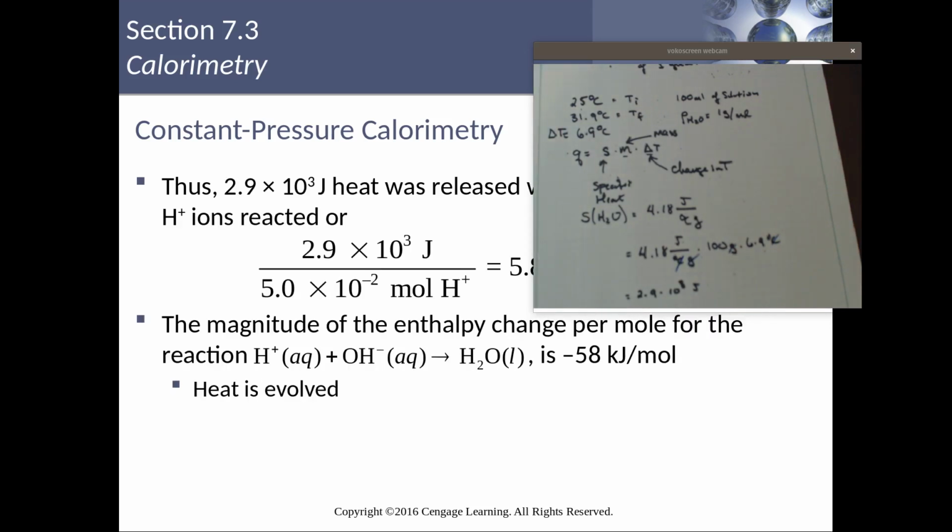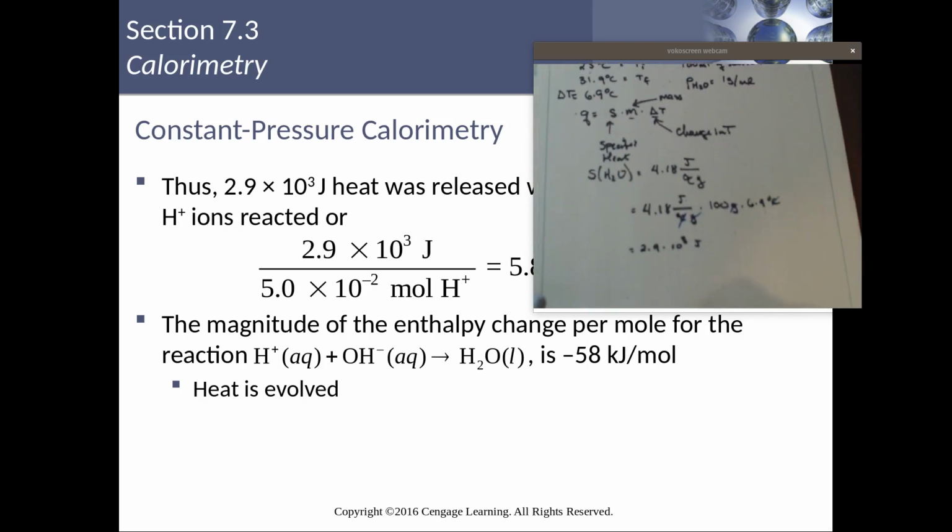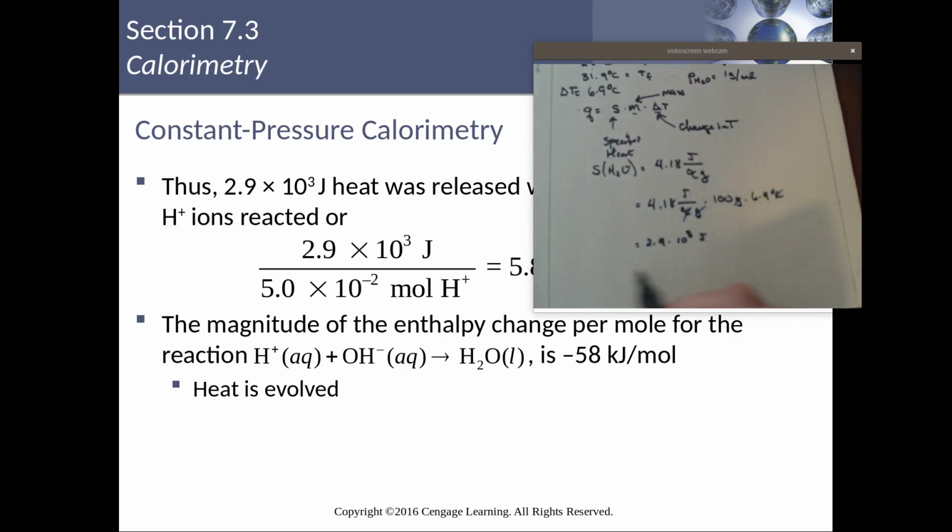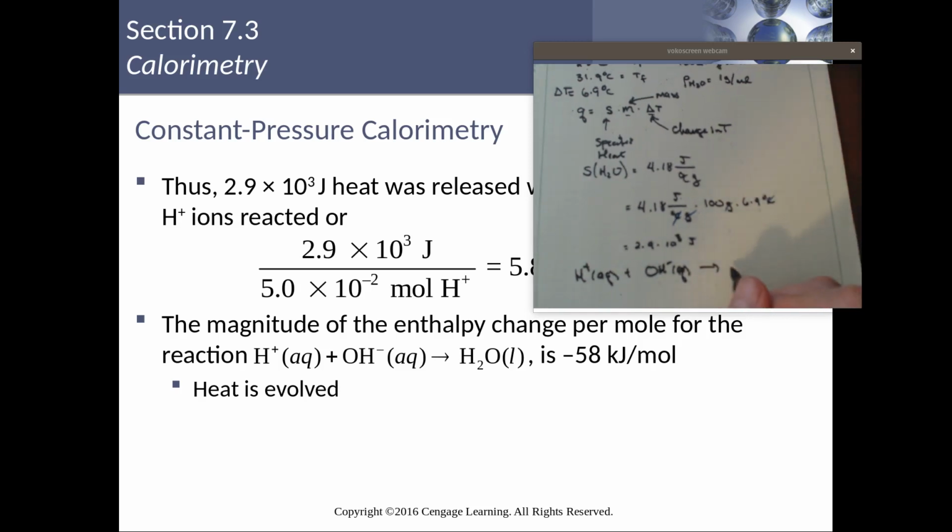So anyway, this was released, and if I want, I could calculate the enthalpy per mole of this reaction in a very simple way. So the net ionic reaction that was going on was that H plus aqueous plus an OH minus aqueous was forming water, liquid.